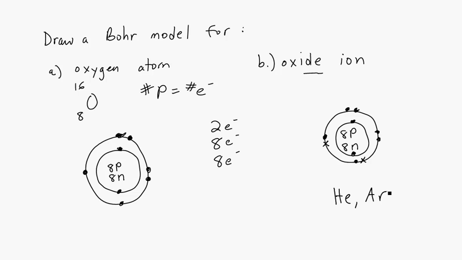They don't react, or they don't react very easily because they already have a full outer shell. They don't need to lose electrons or gain electrons. And so that's why ions will have the same electron configuration, because they have full outer shells as well.